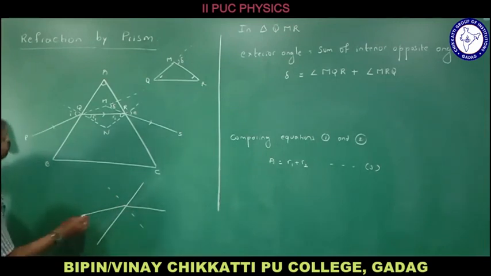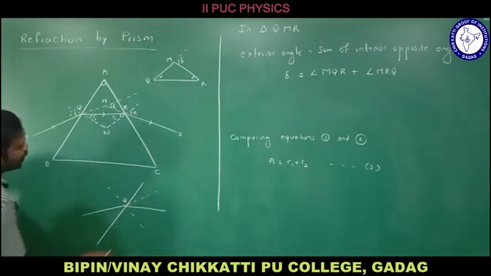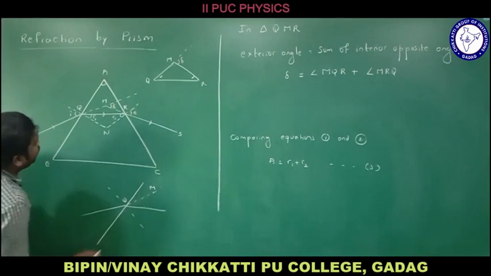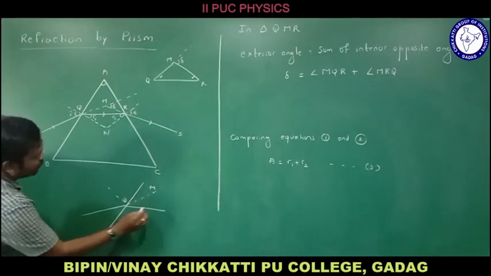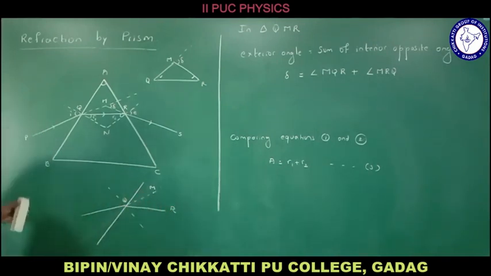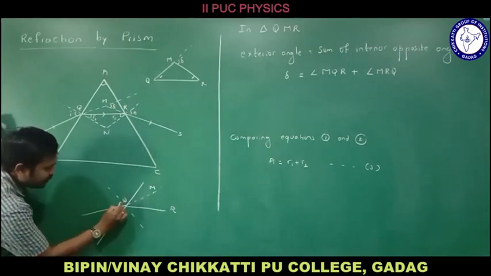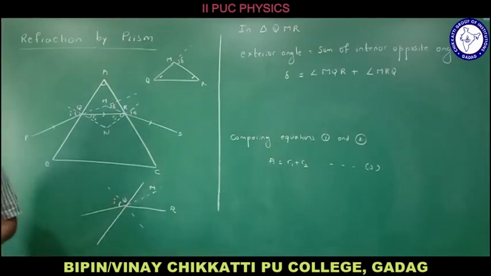I want Q. We want MQR. This is the point M, and this is R. What is MQR? Come on, tell me. What is this angle? This angle is the angle of incidence.